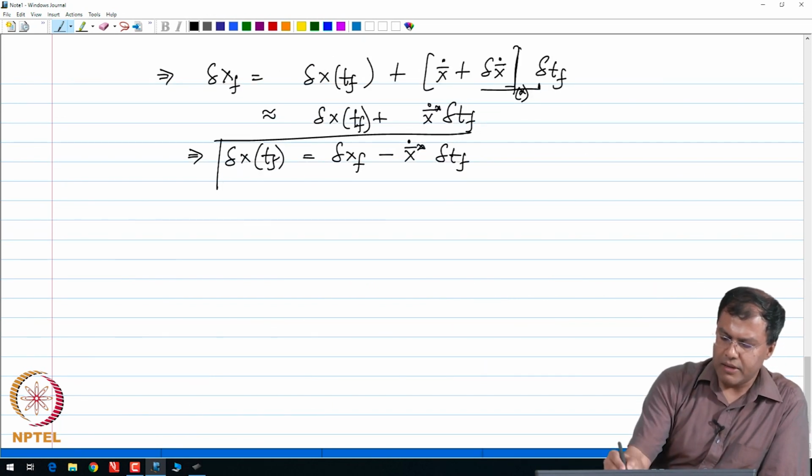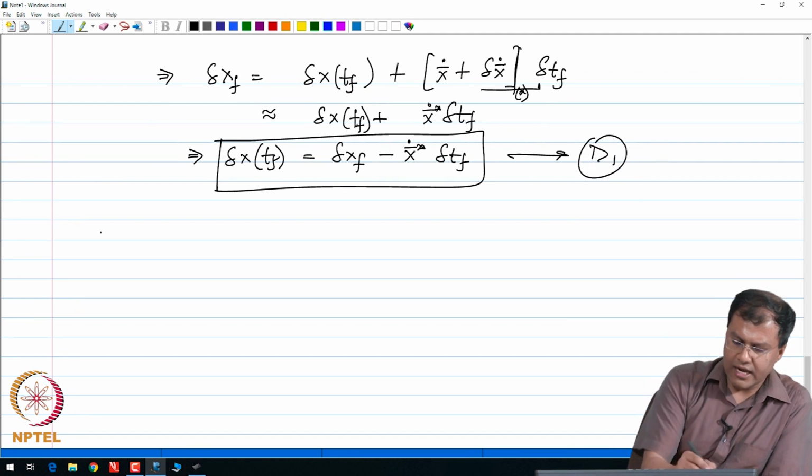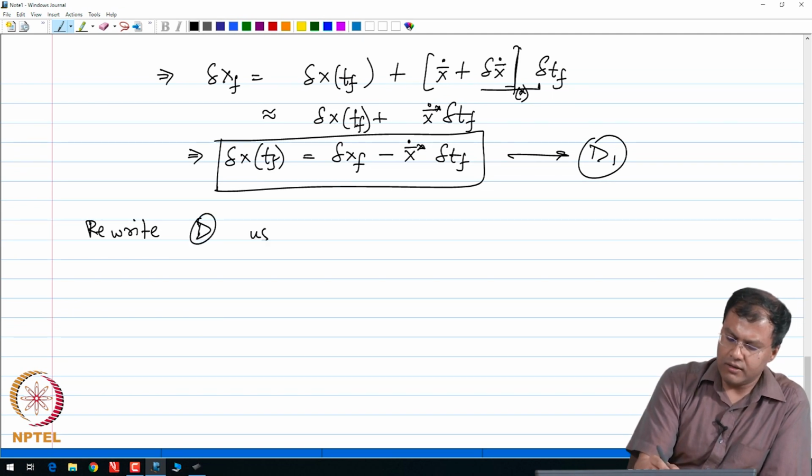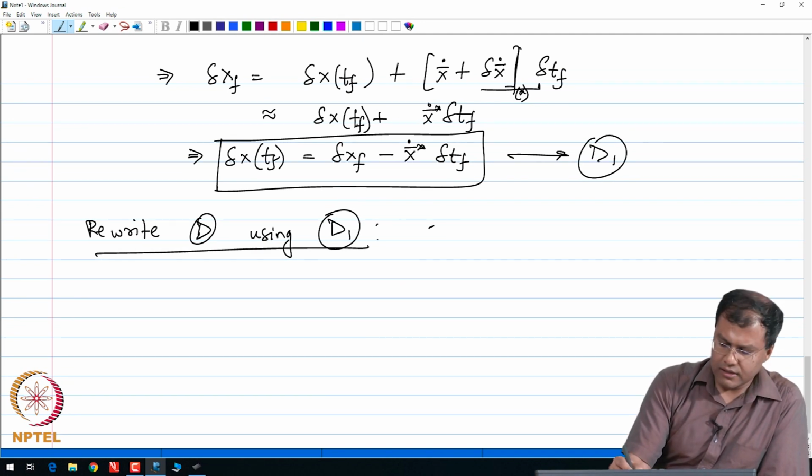So, let me call this d 1, and then I am going to rewrite d using this relation d 1 that I have found, and I come to the new relation, which is the following.